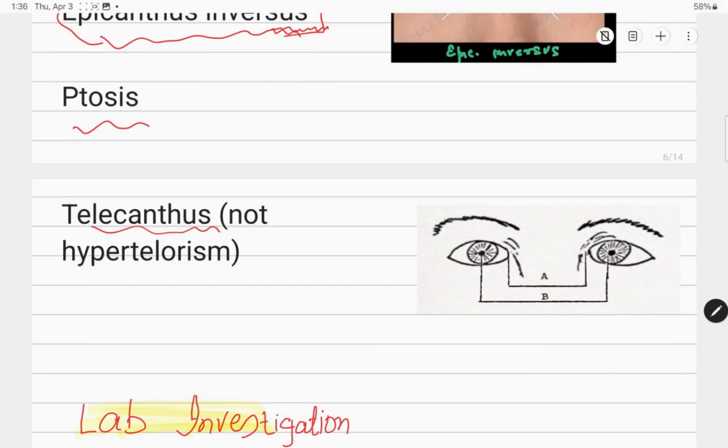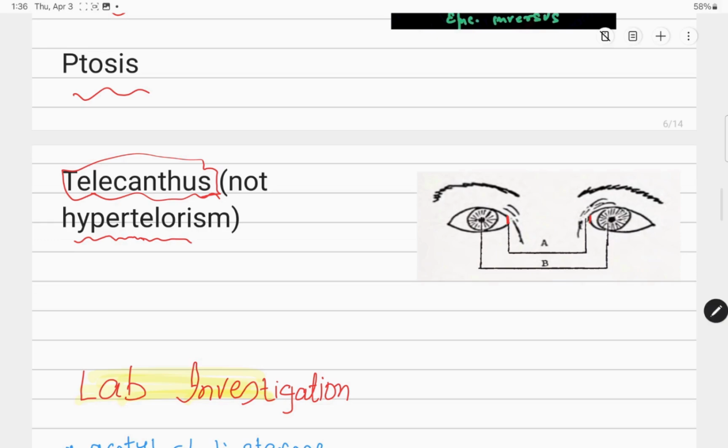So what is telecanthus? If this is the medial canthus and this is the medial canthus, if the length between the two medial canthi increases, we call this condition telecanthus. But we have to differentiate it from another condition, which is hypertelorism. The basic difference between both of these is, in both cases the distance between both medial canthi increases, but in case of telecanthus, the distance between the two pupils will remain the same.